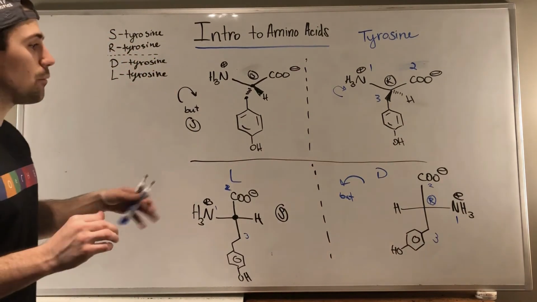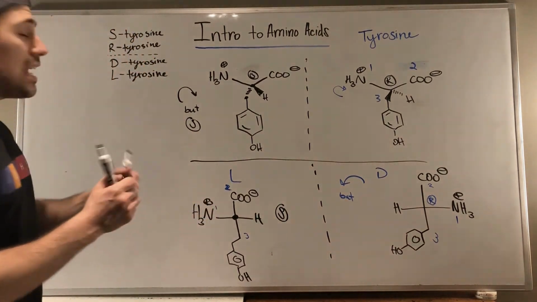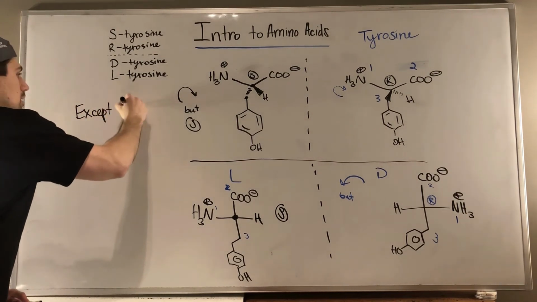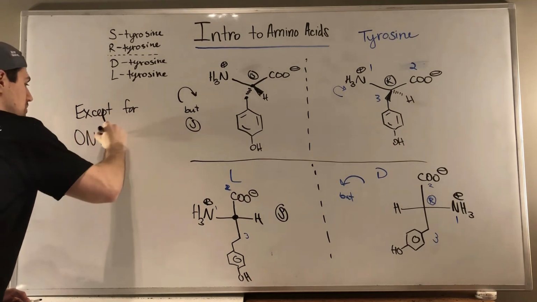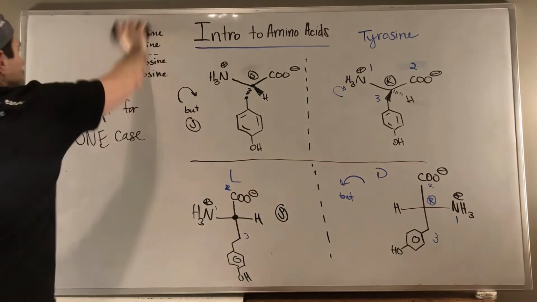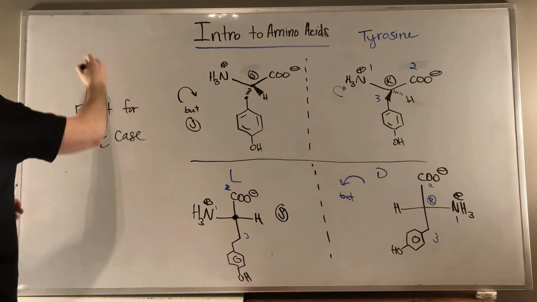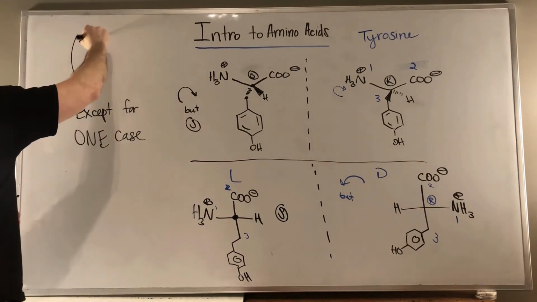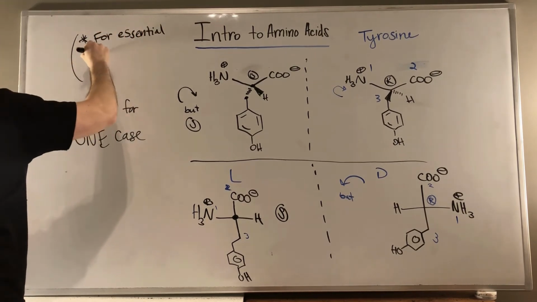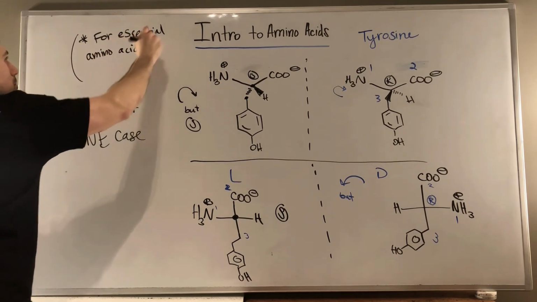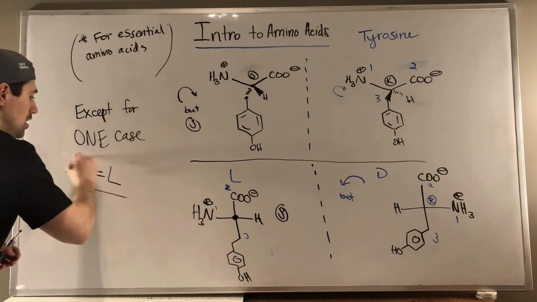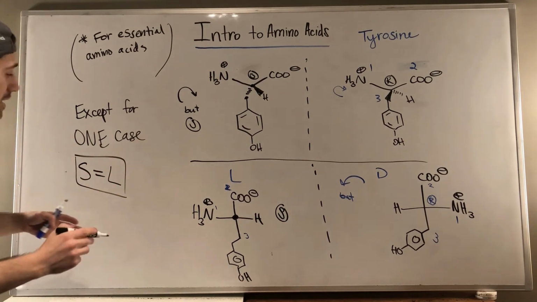So what you're going to see, and what I want to try and prove to you, is that except for one case that I will show you right after this, and this is for essential amino acids, I want to make that very important. Except for one case, for essential amino acids, S equals L, like your L amino acids will be S at C2.